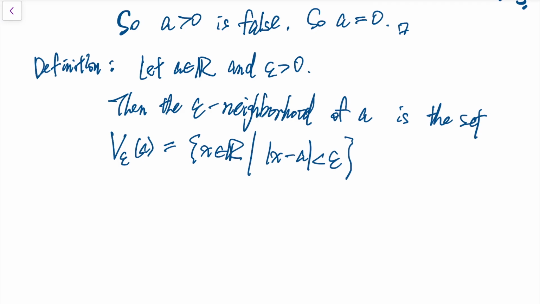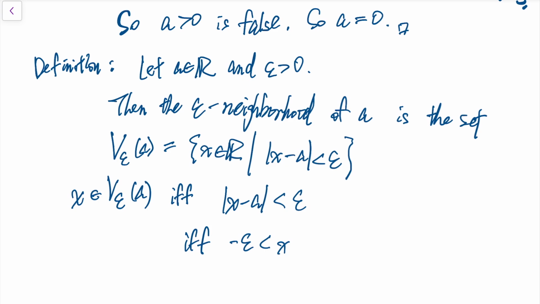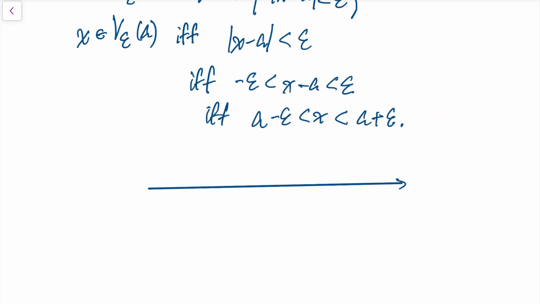So we know that for a real number x belonging to this epsilon neighborhood, it's equivalent to say that the absolute value of x minus A is less than epsilon, if and only if negative epsilon is smaller than x minus A, which is smaller than epsilon, if and only if A minus epsilon is smaller than x, which is smaller than A plus epsilon. This is the epsilon neighborhood.